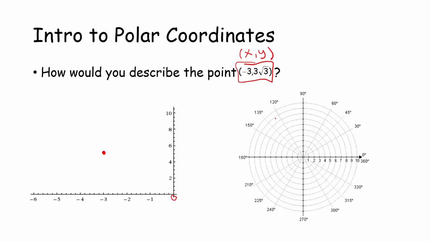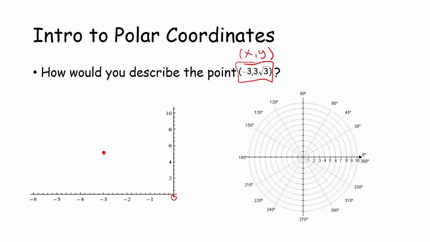I have concentric circles that are centered at the origin, and each one, the radius is 1 unit more than the previous. And then I've also marked off all of these angles in standard position, and that could allow me to describe where a point is.